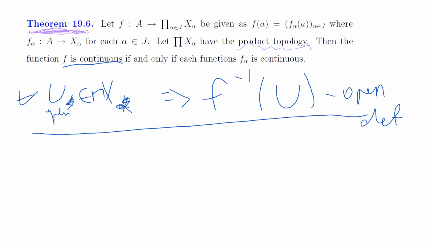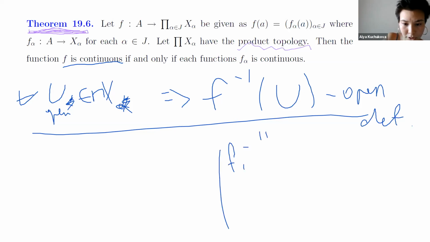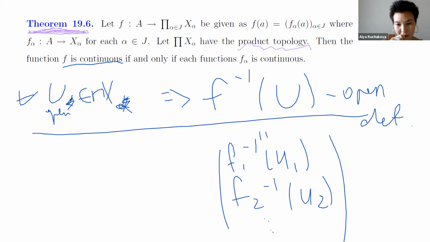Yes. And then what we have is, I guess, that basically means that if it's multidimensional, we have f1 minus 1 of U, let's call it U1, f2 minus 1 of U2, and so on, right?